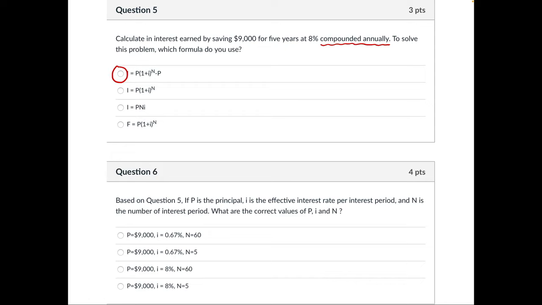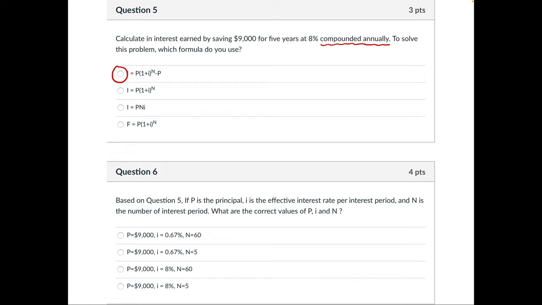To use this formula, you first need to decide the values for those variables P, I, and N. So P is still the principal, that is the amount of money you save. So it's 9,000. And I, in this problem, because it's compounded annually, the 8% is still the effective interest rate.